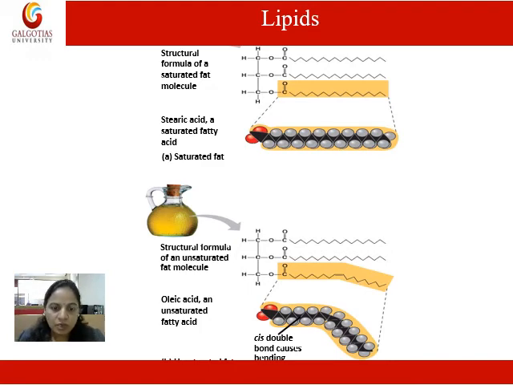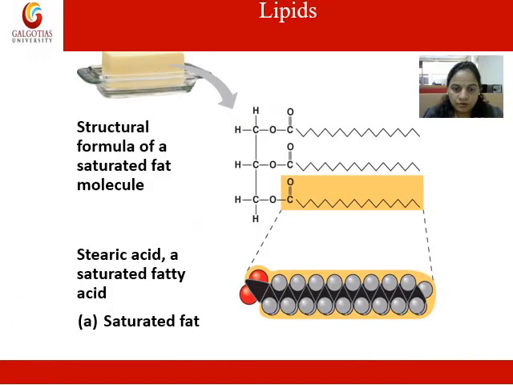Then I'll go to the structural formula of an unsaturated fat molecule. You can see here the long chain fatty acid which has a double bond present. It may be a cis double bond present here in the stearic acid chain. So I'll look at what the stearic acid and palmitic acid chains look like. The structural formula of a saturated fat molecule is taken here.